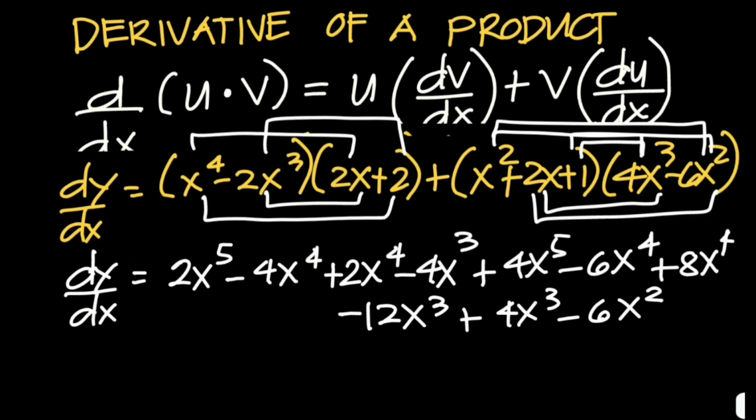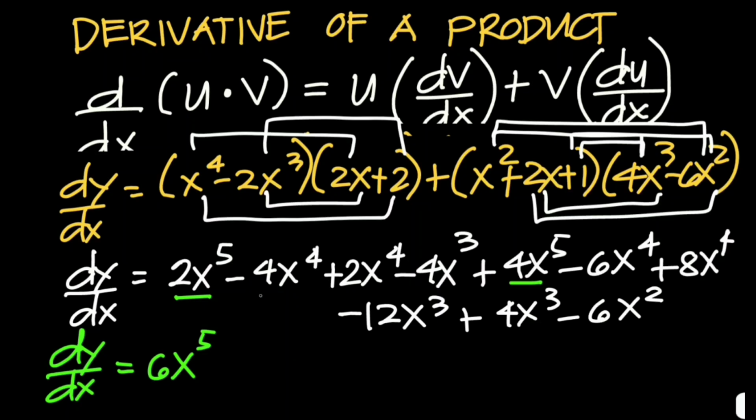And now we group like terms. So we group all of those terms with exponent 5. So we have 2x to the fifth and 4x to the fifth. So they are like terms. We can just simply add them up. So 2 plus 4 is 6. Then 6x to the fifth.